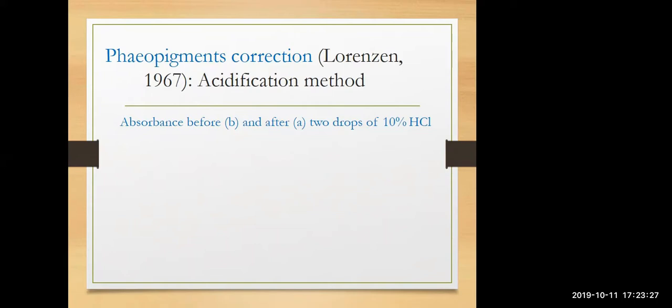For this reason, the acidification method was recommended in 1967 by Lorenzen. After measuring the absorbance of the original sample, we add 2 drops of 10% hydrochloric acid, and we read the absorbance before and after the addition of these 2 drops.